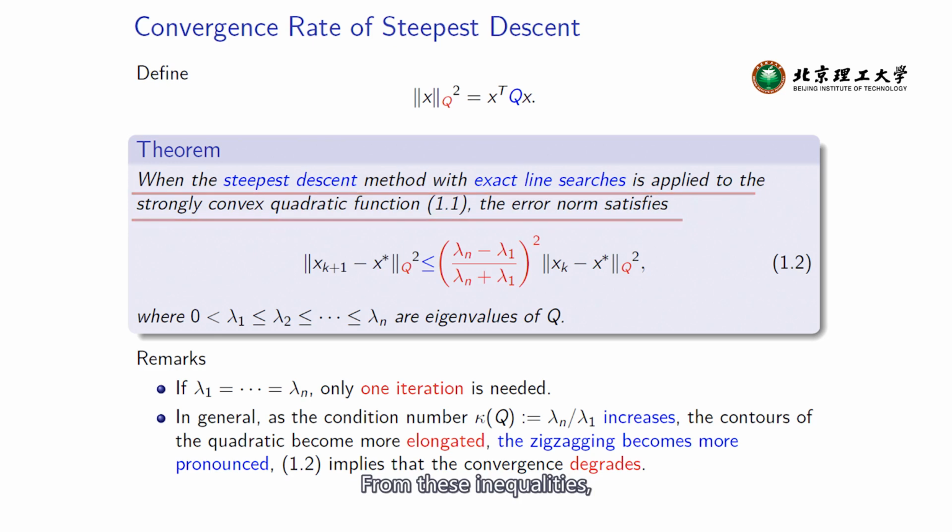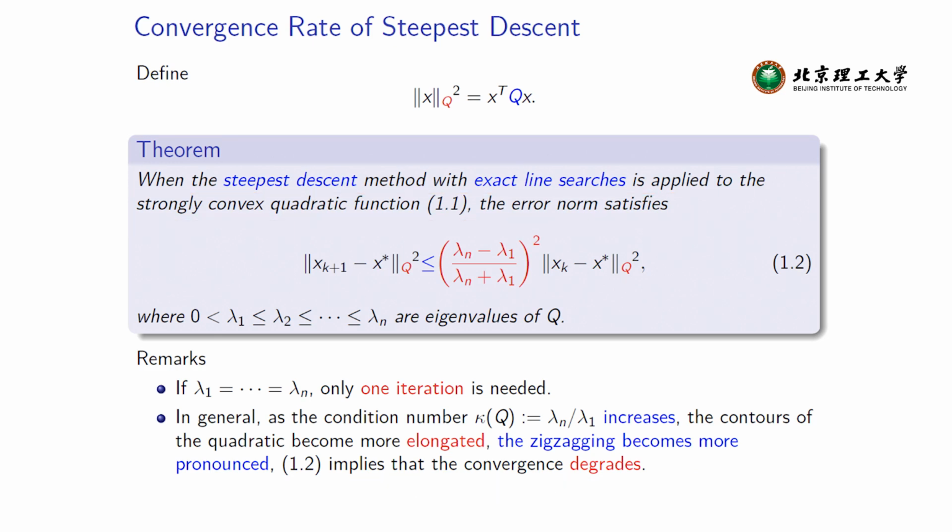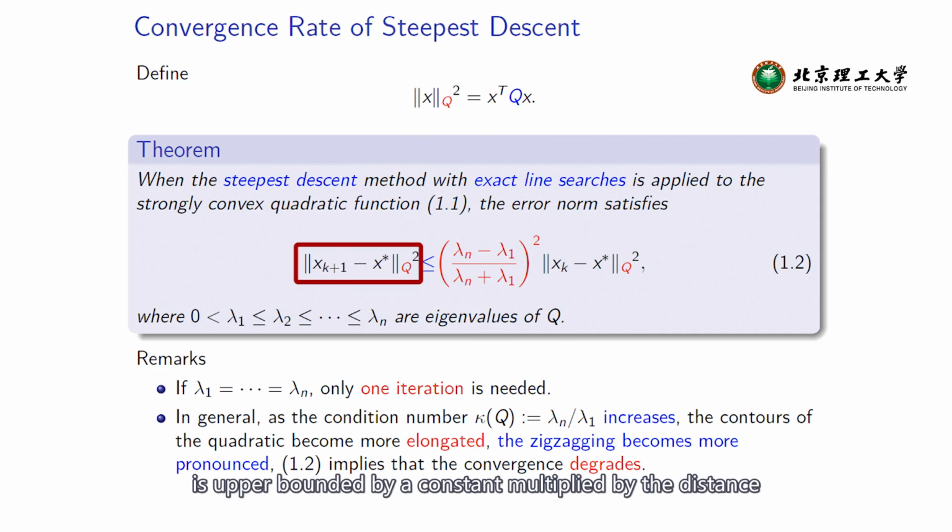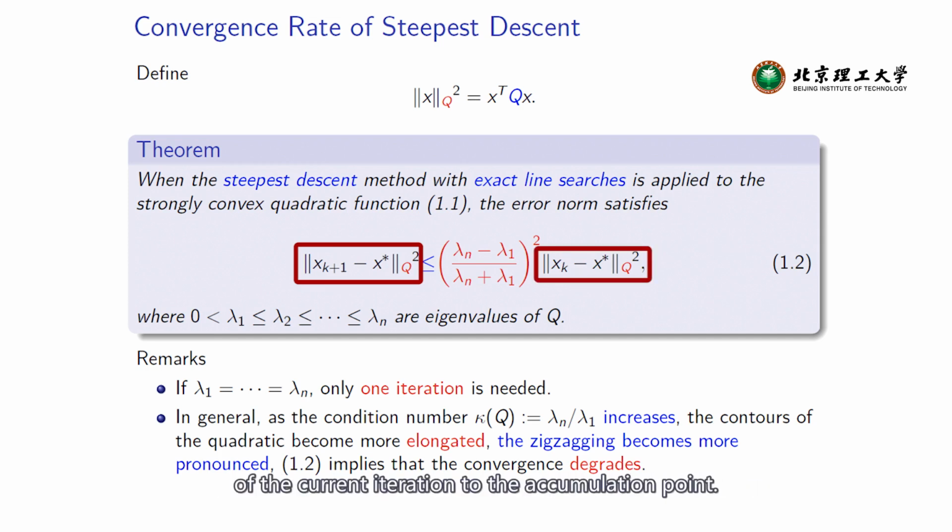From these inequalities, we can see that the distance of the next iteration to the accumulation point x star is upper bounded by a constant multiplied by the distance of the current iteration to the accumulation point. Of course, the distance is in terms of Q norm. Moreover, let's pay more attention to this coefficient.